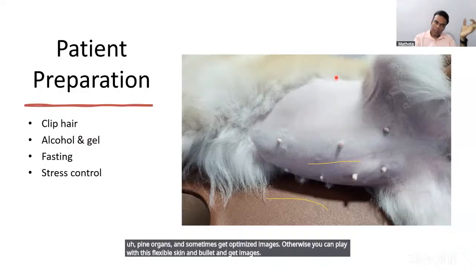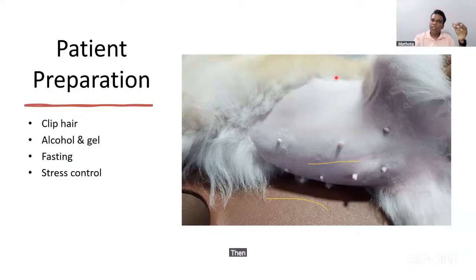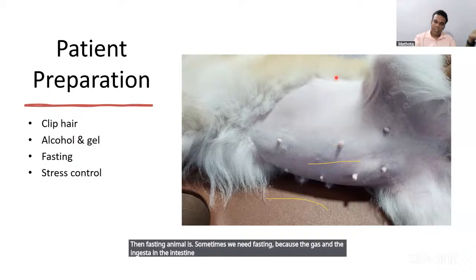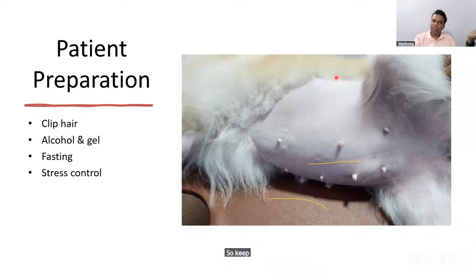Then sometimes we need the animal fasted, because gas in the intestine and stomach sometimes disturbs our views. So keep the animal fasting and you will get better images. Consider fasting if it is necessary.